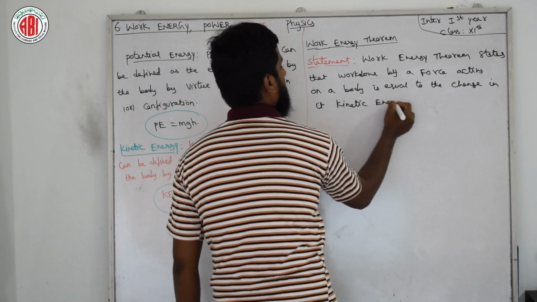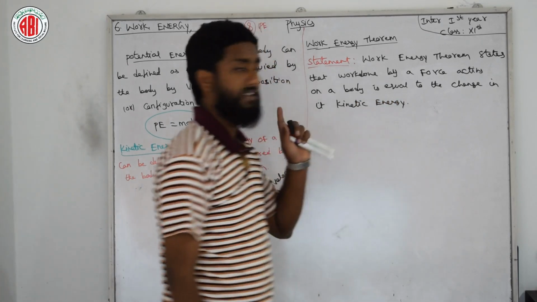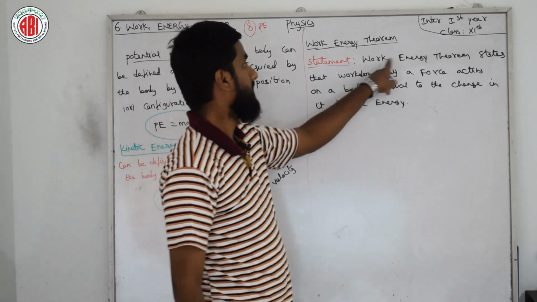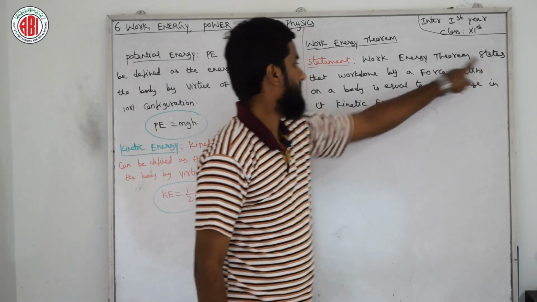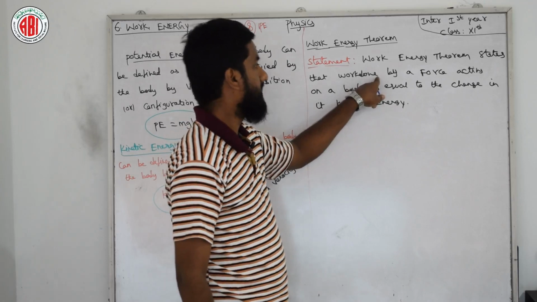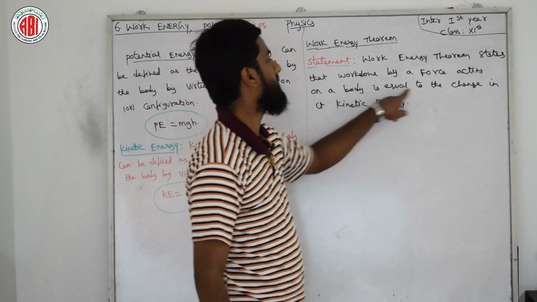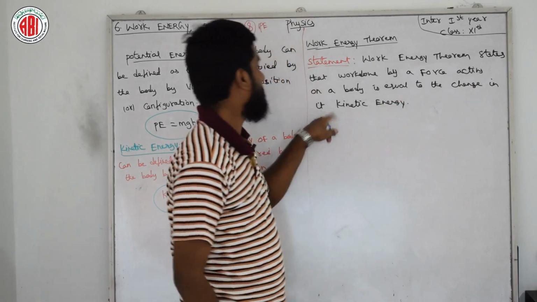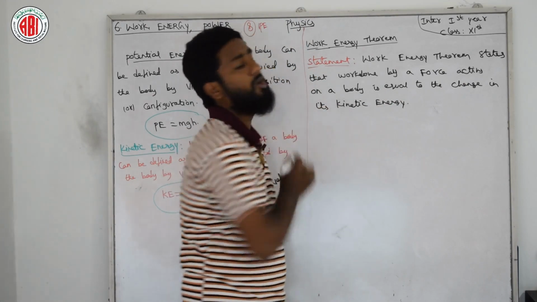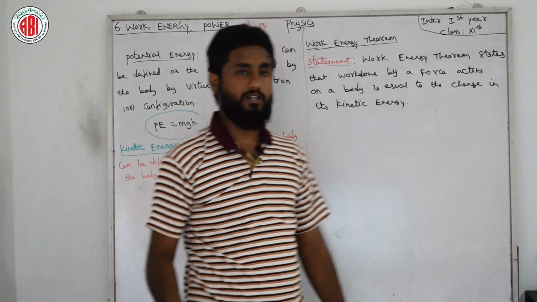Once again I am reading this statement, very simple. The work energy theorem states that the work done by a force acting on a body is equal to the change in its kinetic energy. Here we need to use the plural form, its.